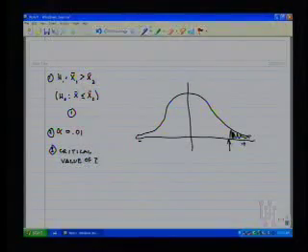Let me ask you, what is the critical value of z? Is it when you divide 0.01 by 2? You don't need to divide alpha of 0.01 by 2 because it's not two-tailed.